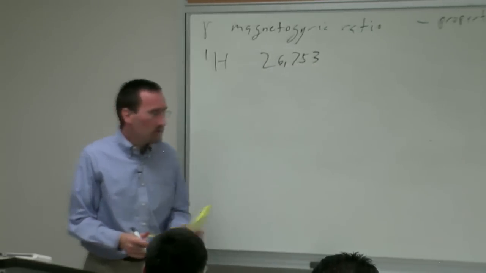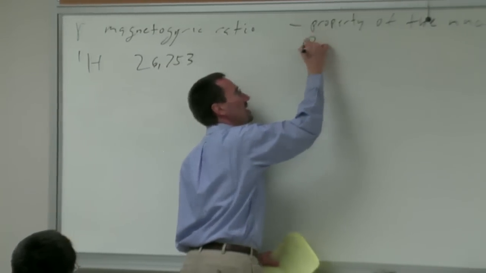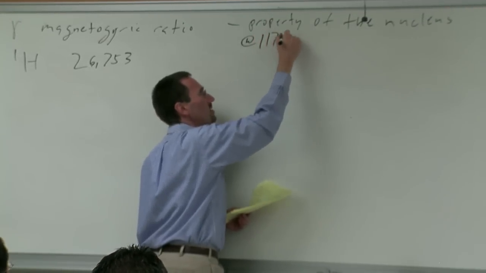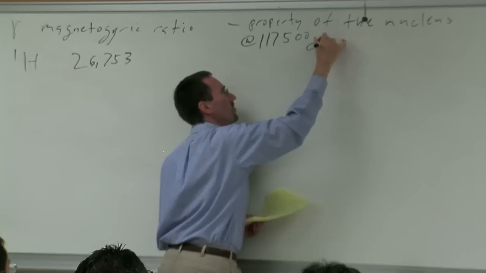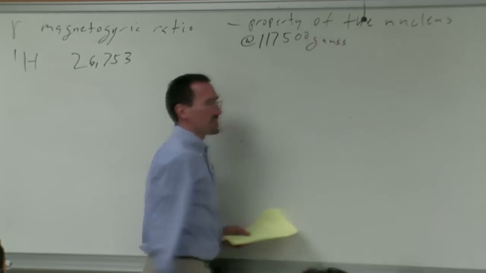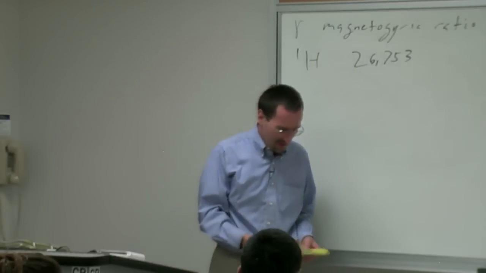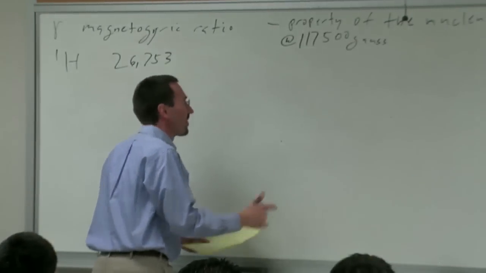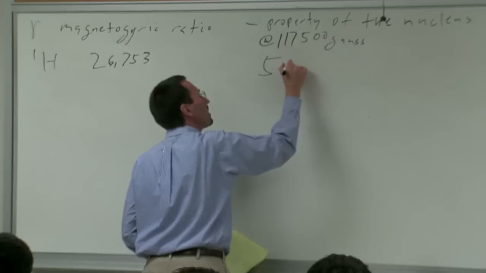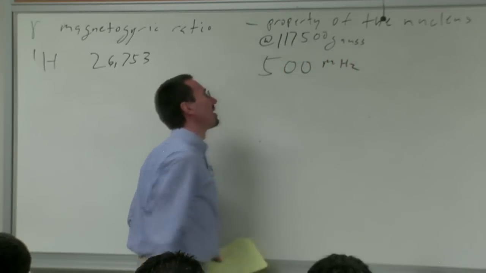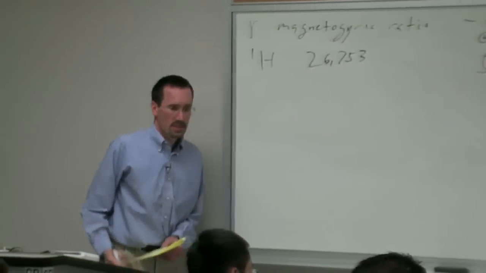And so just to put this into context, at 117,500 Gauss, in other words, a relatively large magnet, the nuclei flips its spin at 500 megahertz.